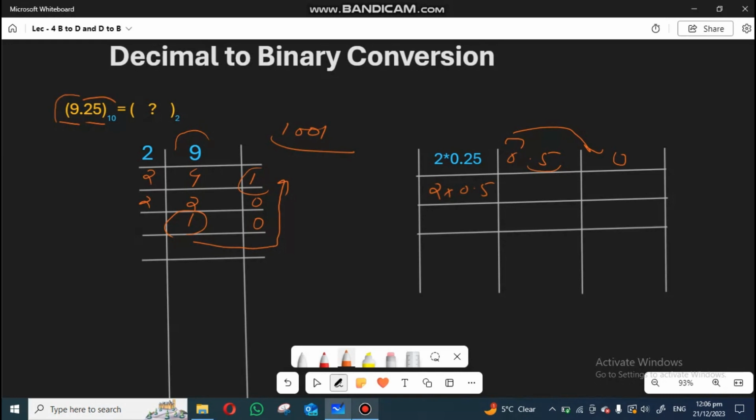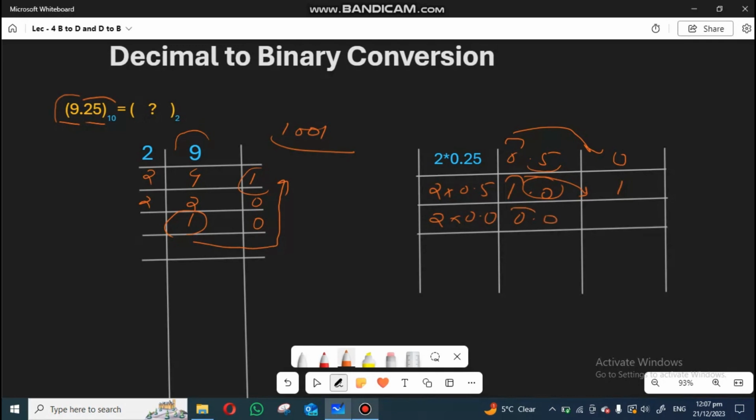What am I going to get now? I'm going to get 1.0. Again I'm going to place this number here, and 0.0 will come back here, and it will be multiplied by 2. So I'll get 0.0 by multiplying it with 2.